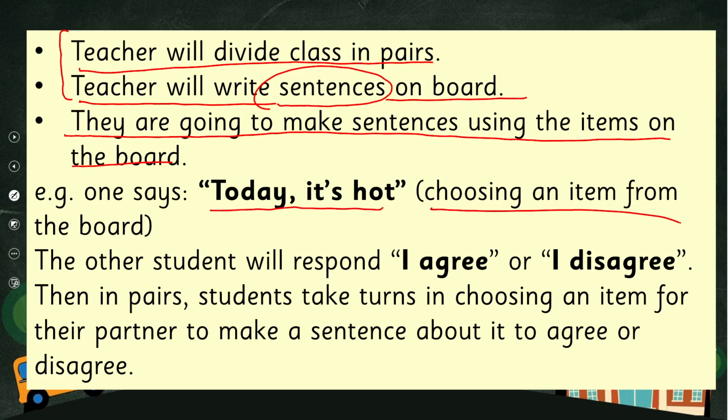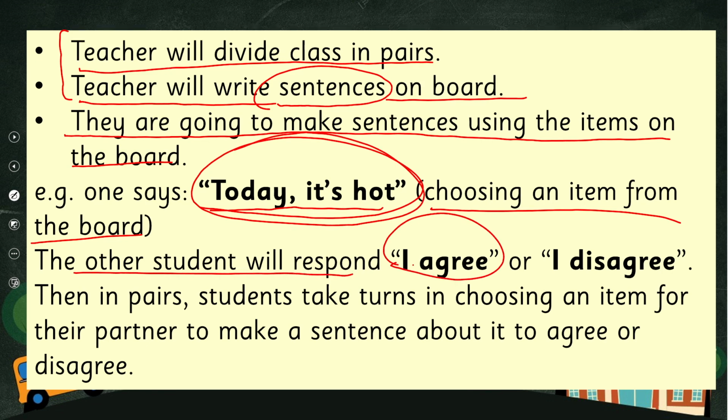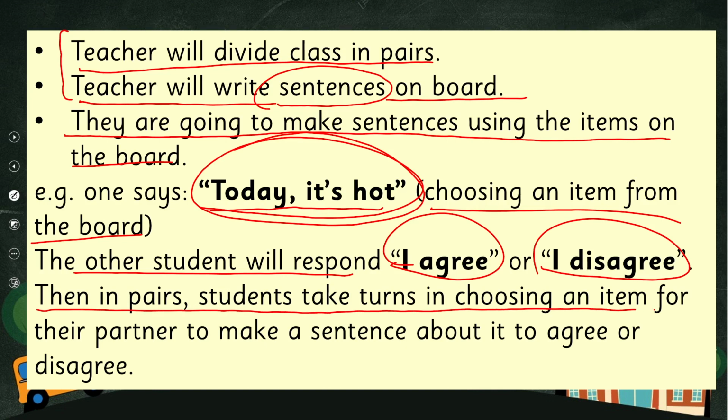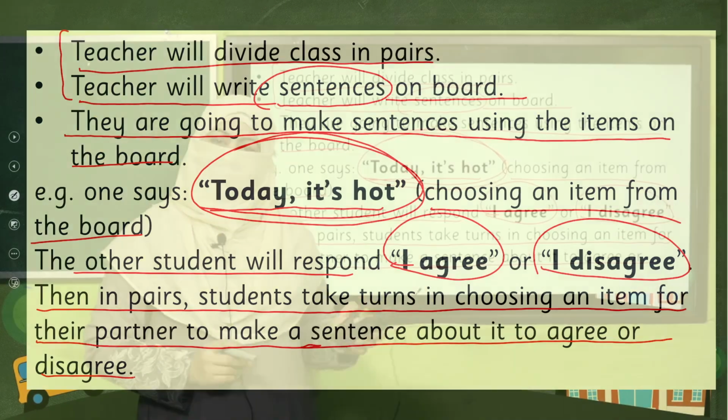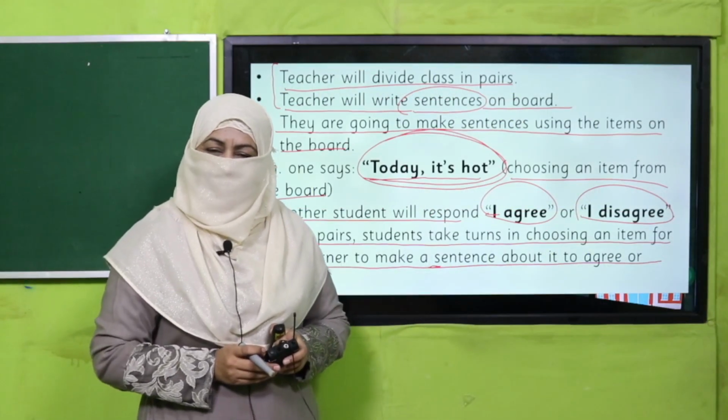This can be one of the statements or whatever statement. You can keep changing it. Students will respond to it, I agree or disagree. Then in pairs, students take turns choosing an item for their partner to make a sentence about, to agree or disagree. So pause the video, enjoy this activity and then come again.